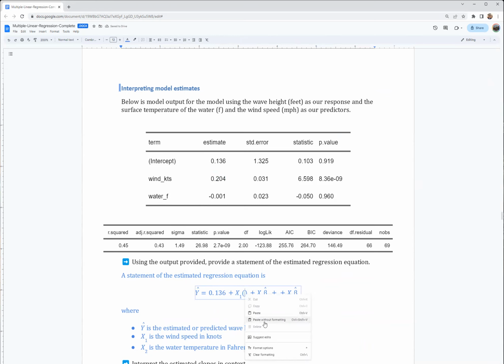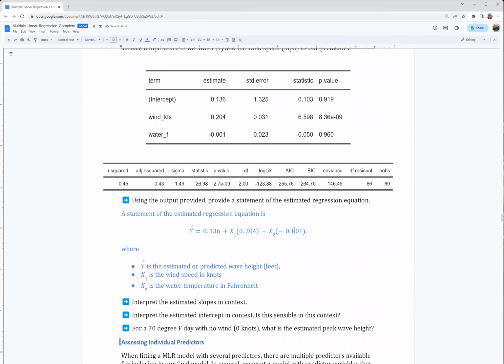And x2 is actually negative. X2 is the water temperature, so instead of saying plus, we'll say minus. Notice I'm only using one minus. And then we only have 2 predictors, so we get rid of this last part here.